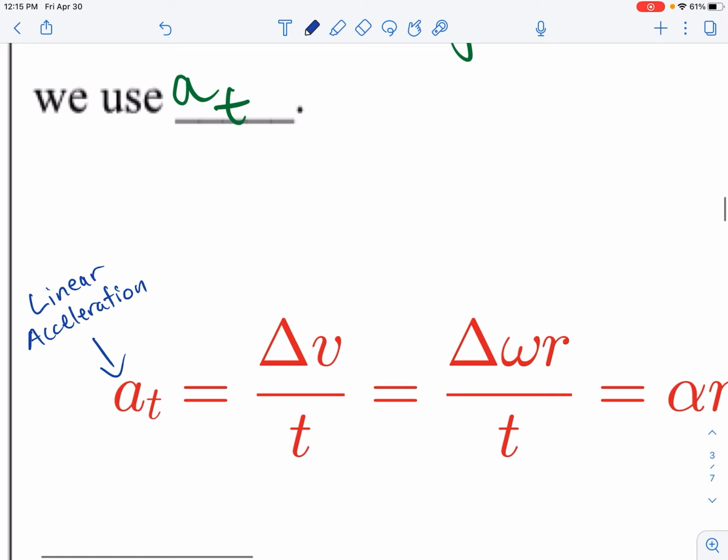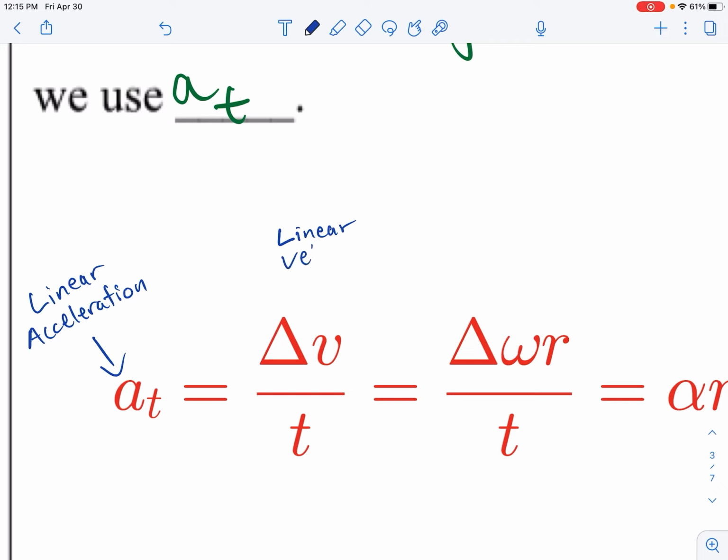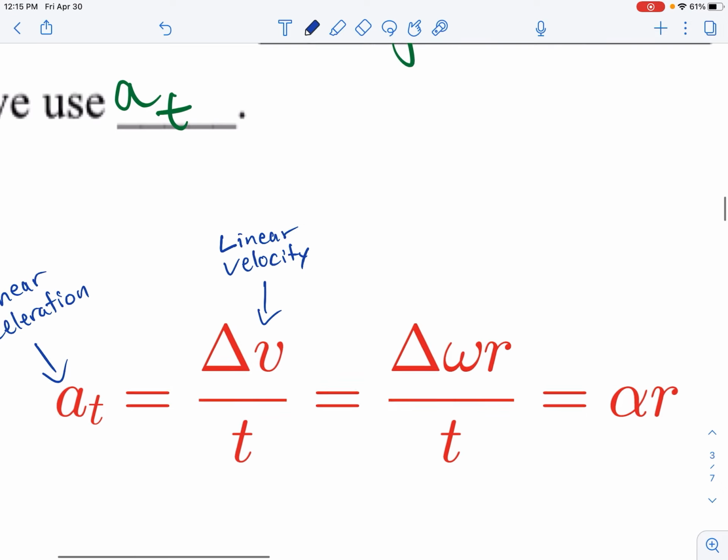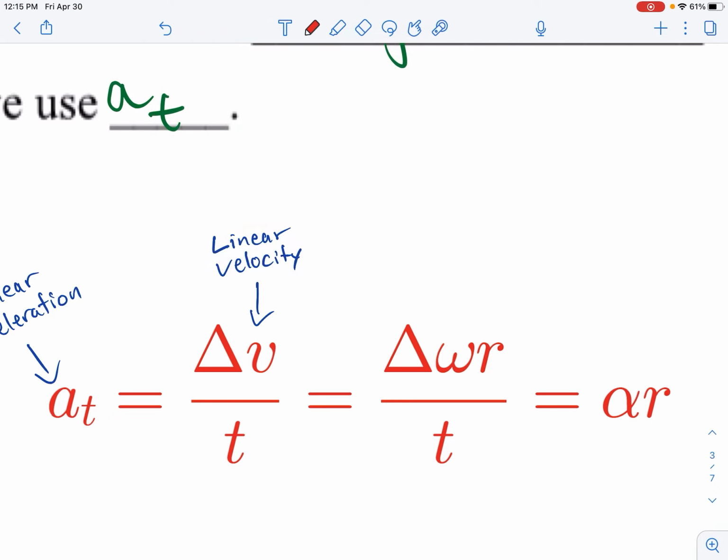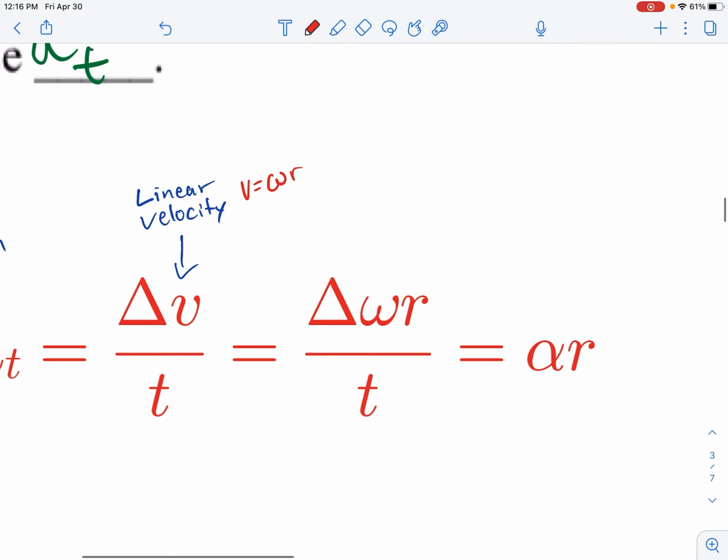We know change in velocity is linear velocity. And defining linear velocity, V equals omega r, which is where we get to the next equation.